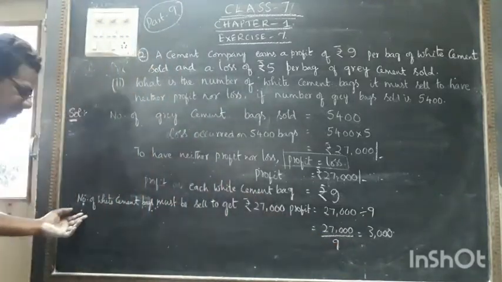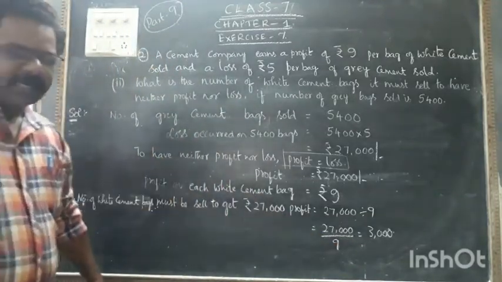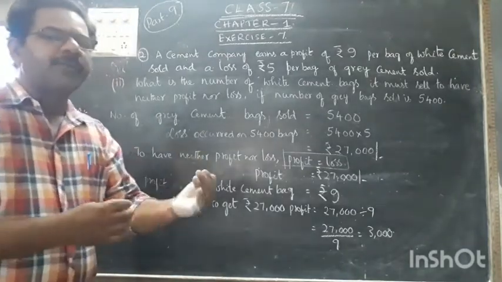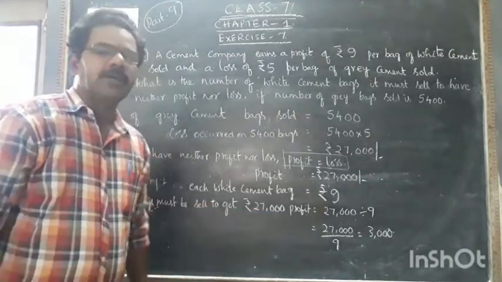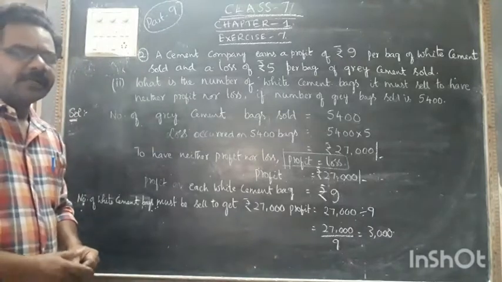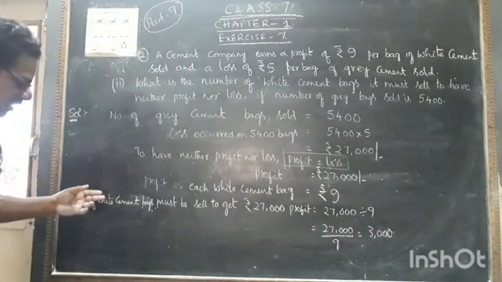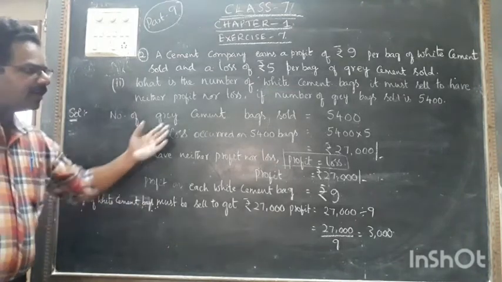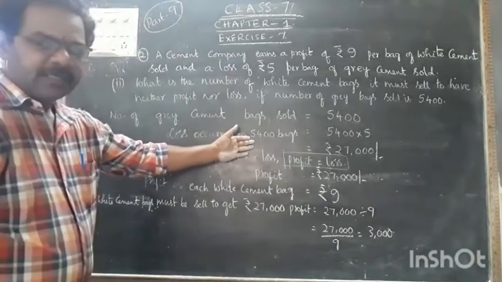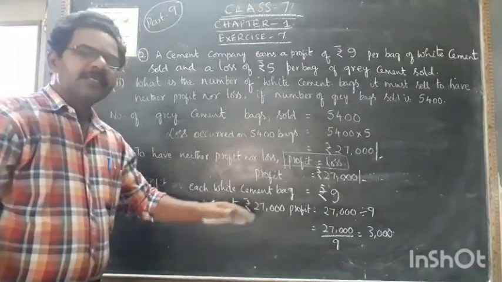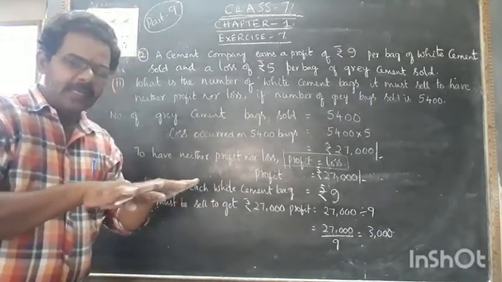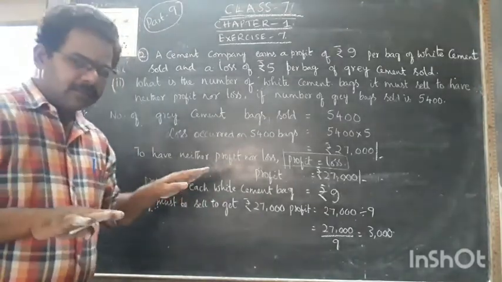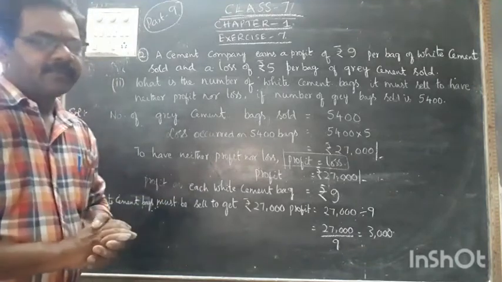So, number of white cement bags that must be sold to get neither profit nor loss is 3,000 bags. Understand? If the company sells 3,000 bags of white cement and 5,400 bags of grey cement, then the company will not get any profit or any loss. That means both will be equal.